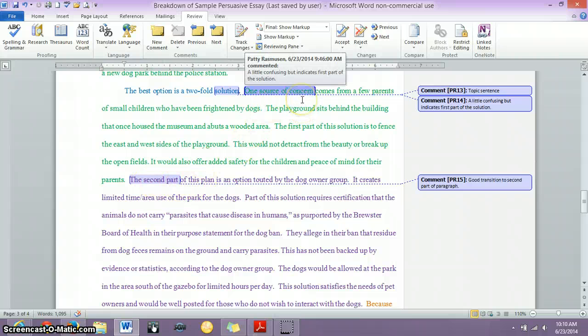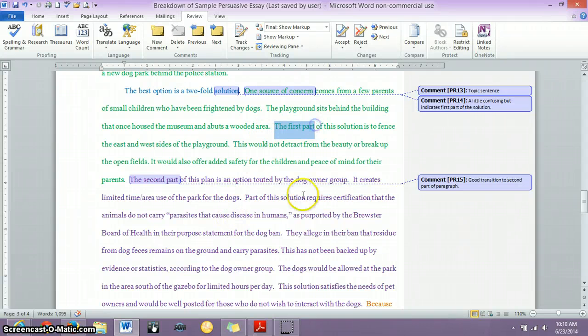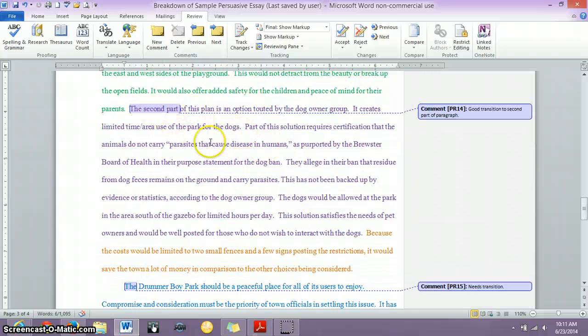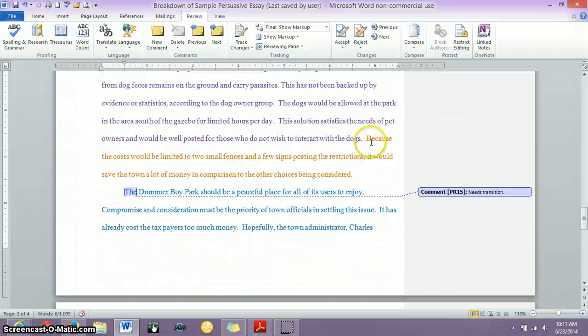So one source of concern shows that something's wrong with this, but I don't think that's what they're actually doing. Oh, never mind. It is the first part of the solution. So they're okay. So I'm going to erase that. You just ignore that comment. So this is just explanation. The first part of the solution is written here, and then here's the second part of the solution.